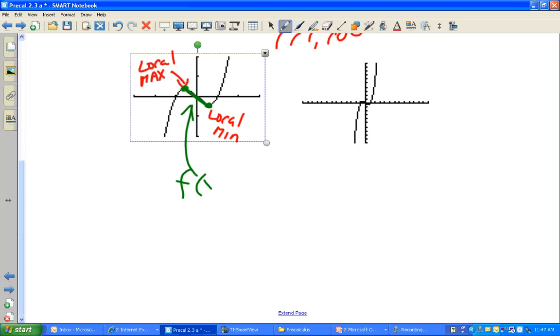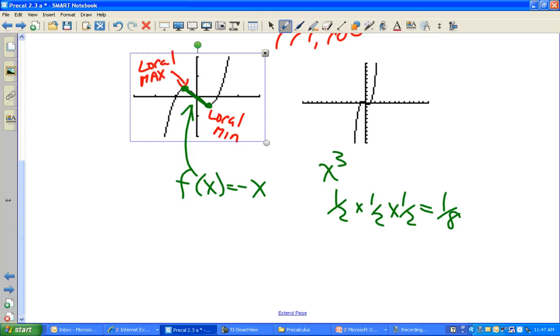That is very close to f of x equals minus x, because when you have x cubed of 1/2, 1/2 times 1/2 times 1/2, it's only an eighth, versus x, which is 1/2. The 1/2 is larger in magnitude of the two numbers, and so the graph more closely resembles the f of x equals minus x graph than it does the x cubed.